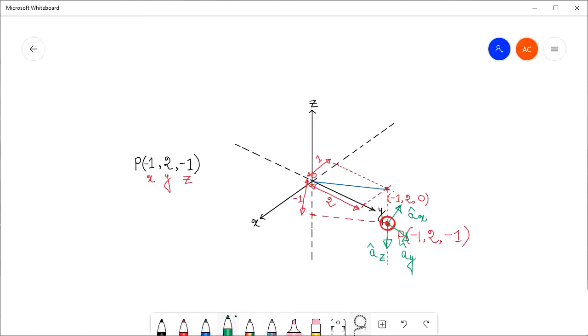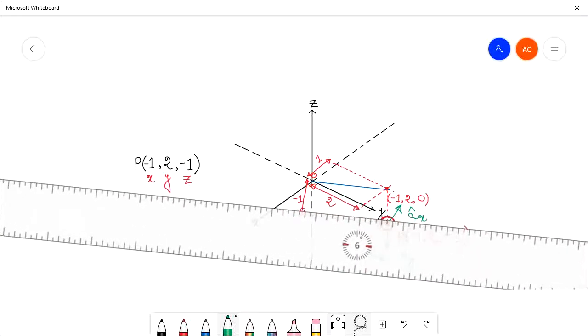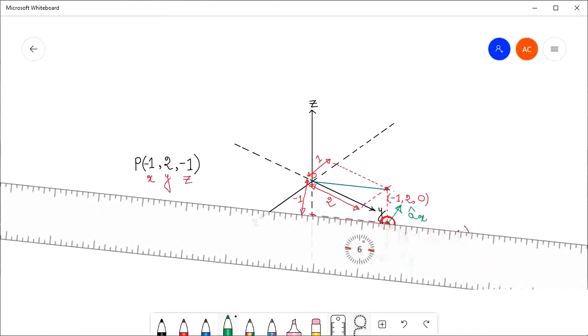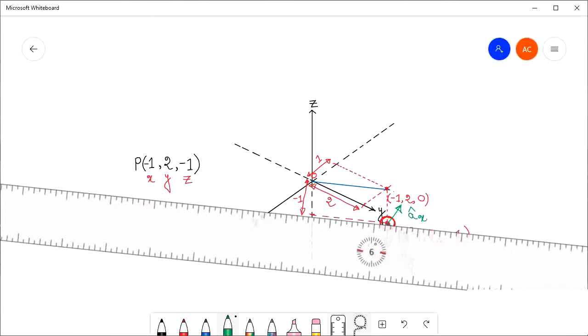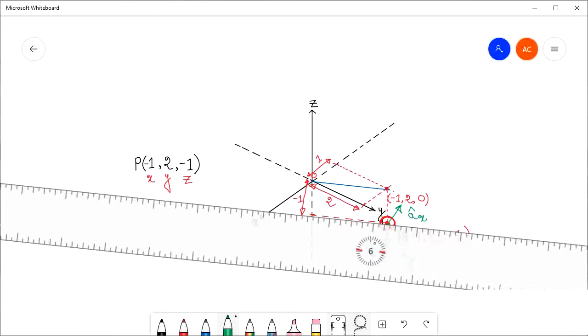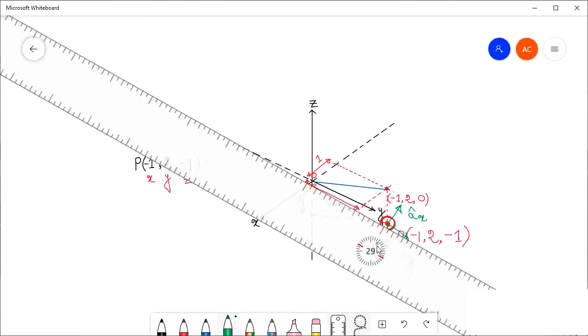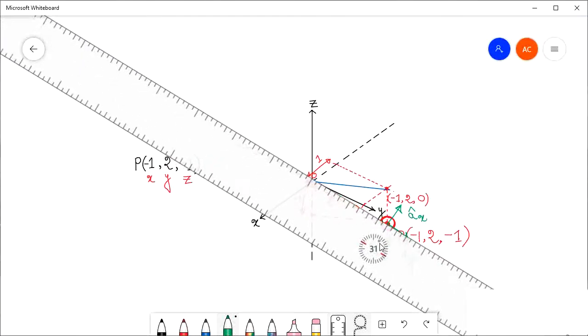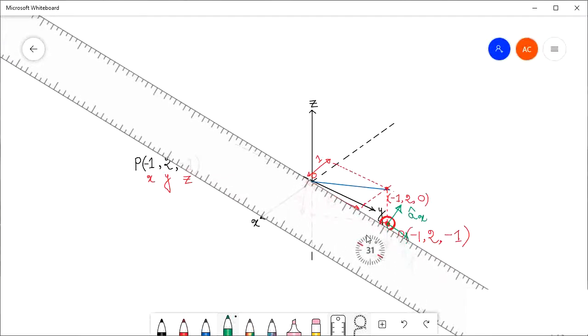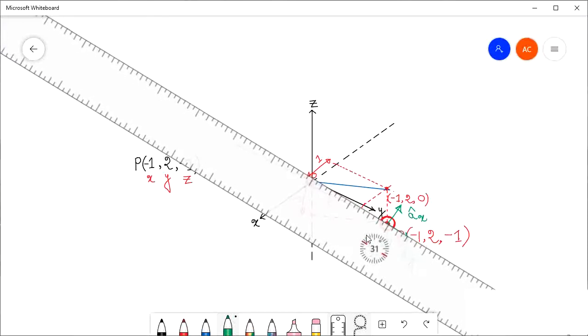To have the total direction of the vector, we have to join this P point with origin and put a vector direction going out of the origin. So let's rotate the ruler and just join these two, origin and P. I think it's not good. So let's make it closer.